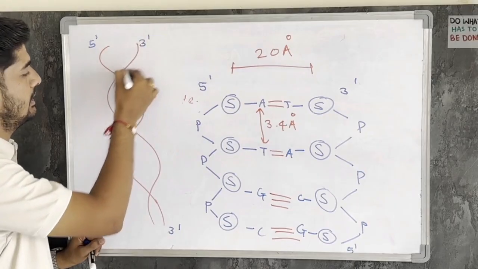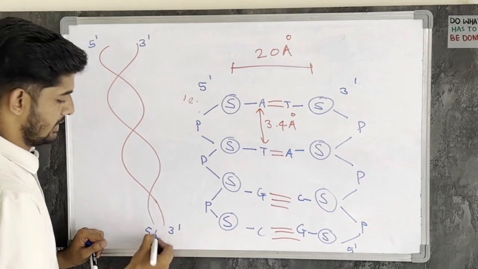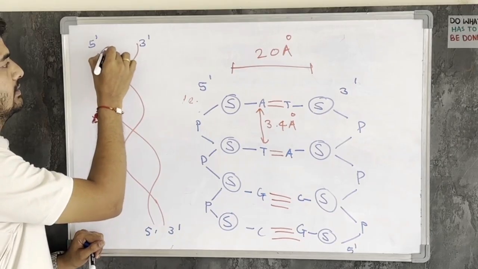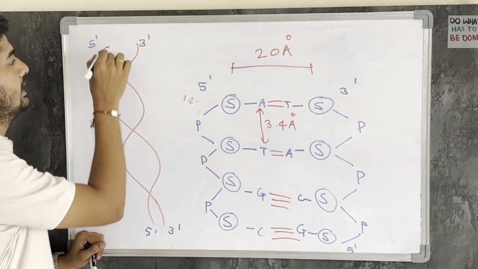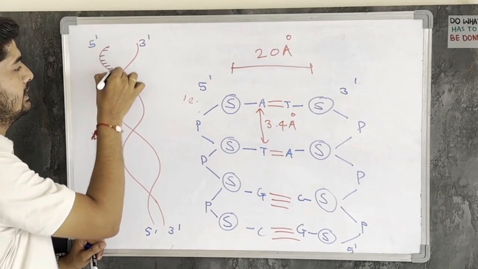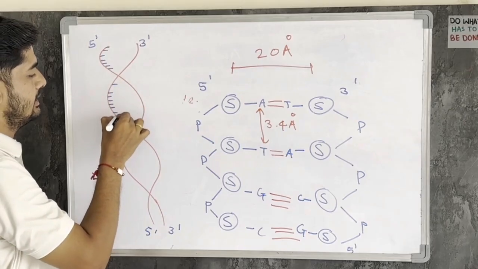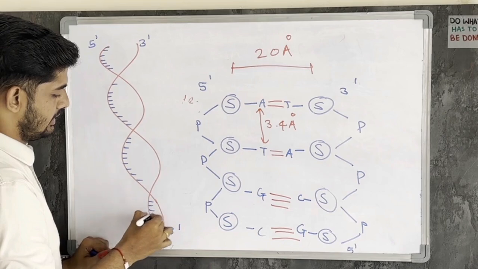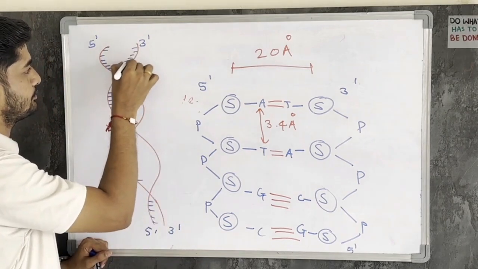So this is 3', and here it will be our 5'. There will be the presence of bonds. Here will be adenine, and the sequence can be any: A, T, G, C, A, C, C, G, A, T, G, A, C, C, C, T, A, C. These will be the hydrogen bonds between the nucleotides.